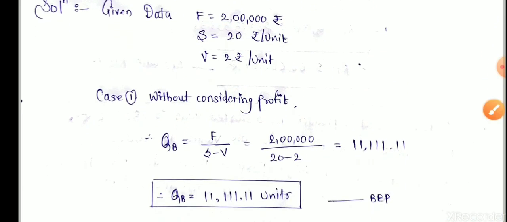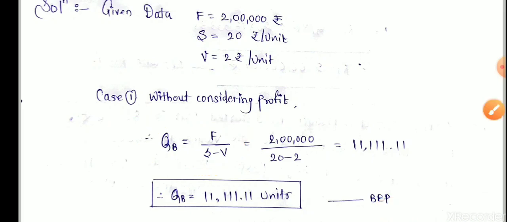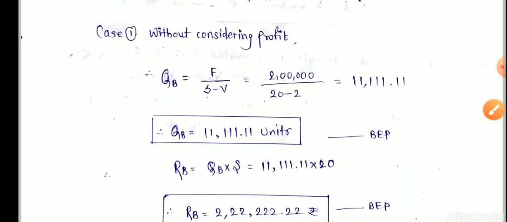Now without considering the profit, case 1, QB is equal to F divided by S minus V, which is the standard formula which was derived and discussed in the previous session. If you skipped that session, then go to that video. First learn these basic concepts about the break-even point, and then come for the applications through the numericals. Now QB is equal to F divided by S minus V, whereas F is given 2 lakh.